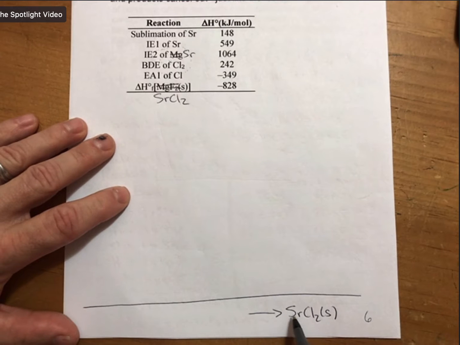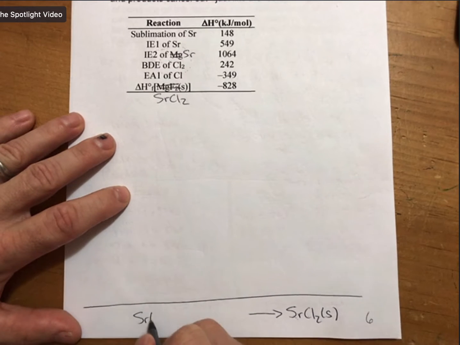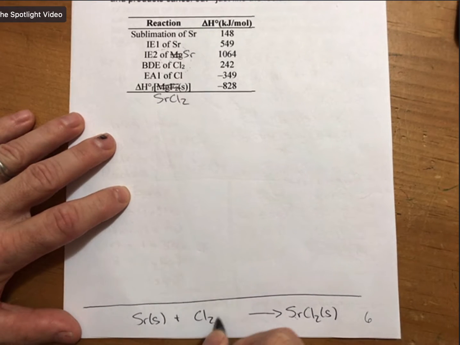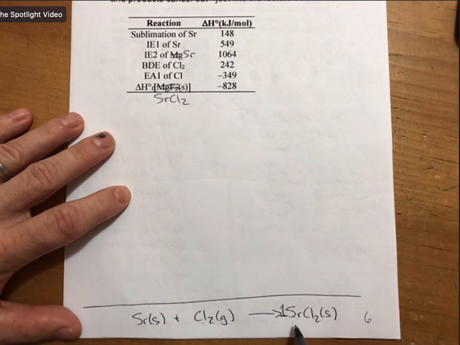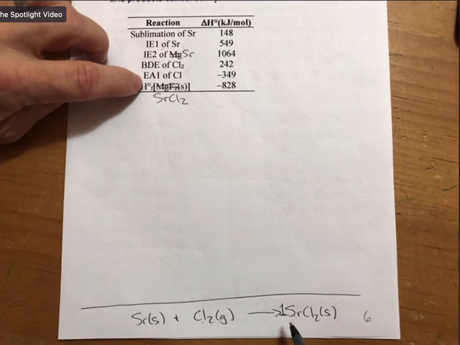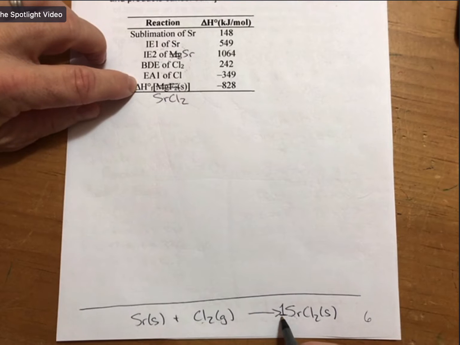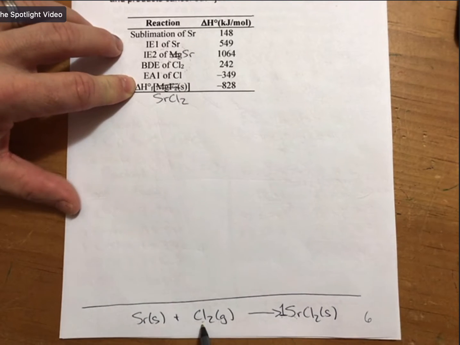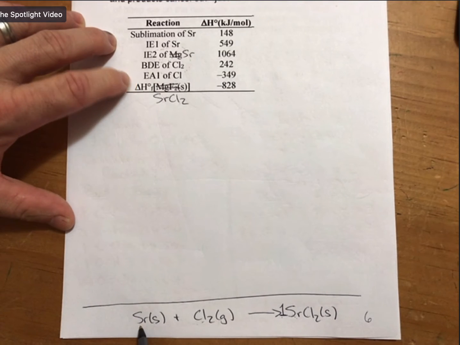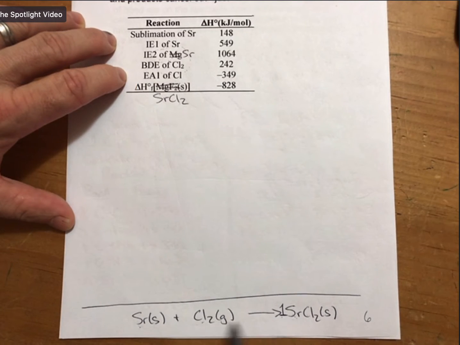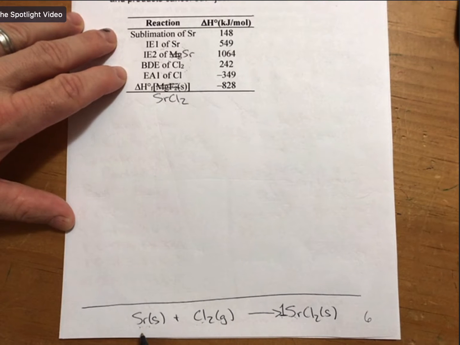What that means is strontium solid plus chlorine gas. And the product for a delta HF reaction always has a 1. And then you can have fractions over here. We don't need fractions this time because this reaction is perfectly balanced.